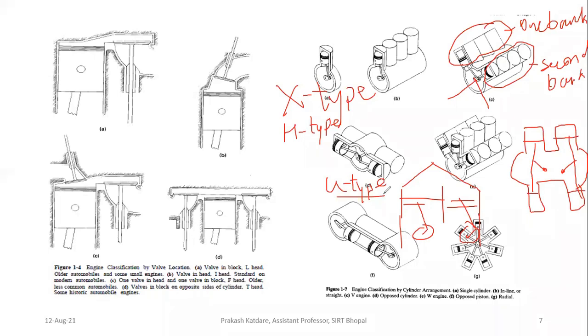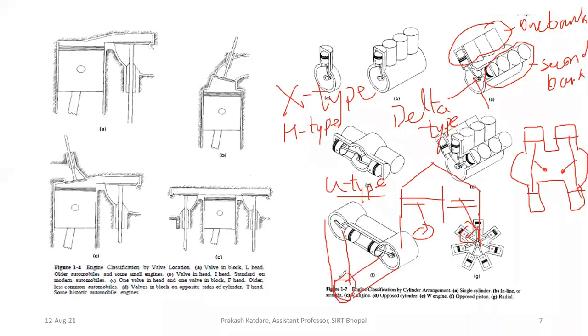Then you can have a delta type also. The delta type is a combination of three opposed piston cylinder engines. Like here we have one opposed piston cylinder engine, connect one more in this direction and one more from this direction.